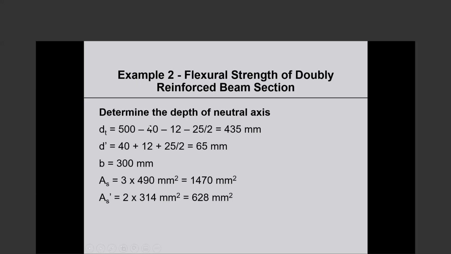The total depth minus the clear cover minus the stirrup diameter minus 1/2 of the diameter of the longitudinal bar. D prime, the distance from the top to the centroid of the compression reinforcement, is the clear cover of 40 millimeters plus the stirrup diameter plus half the diameter of the compression bar. This is another mistake.